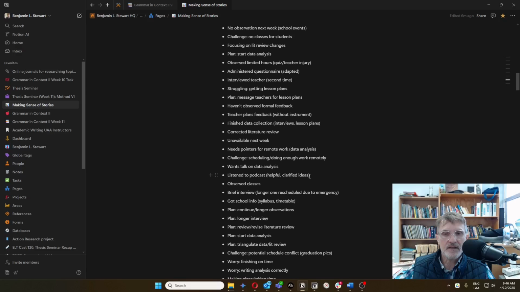In the data analysis section of your methods section, you will describe the way in which you analyzed the information, and part of that will be coding, since all of you are doing some form of qualitative research project. You're essentially going to be discussing how you analyzed the information in terms of what kinds of codes you used.